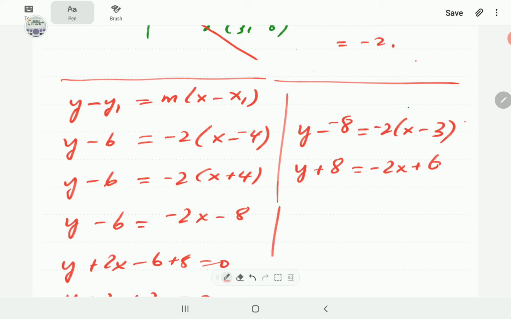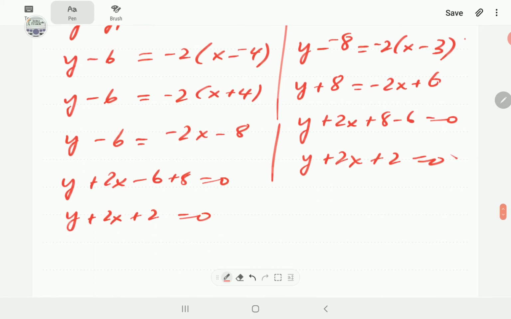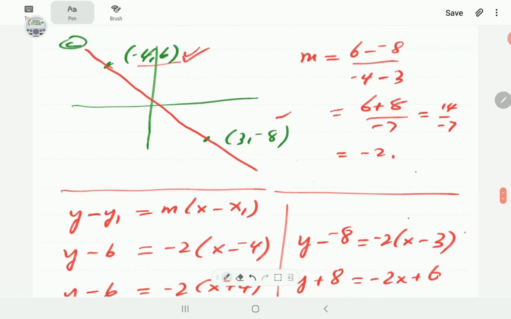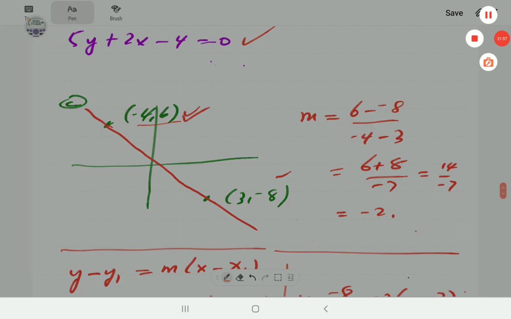Then bringing everything to the same side is y plus 2x plus 8 minus 6. This is y plus 2x plus 2 is equal to 0. So we get the same equation in both cases.